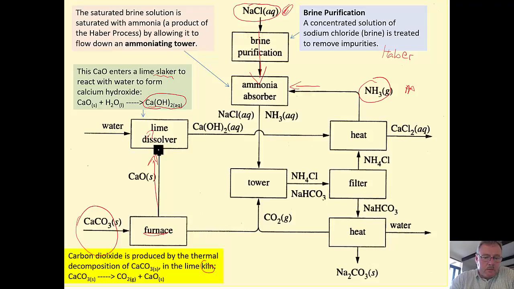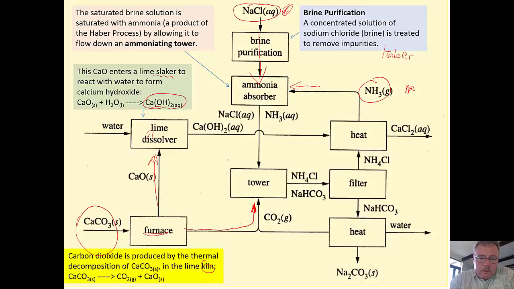Now, when the calcium oxide was formed and sent along that path to form calcium hydroxide, here we had a lot of carbon dioxide produced. It's from the decomposition of calcium carbonate into calcium oxide. You're left over with carbon dioxide.